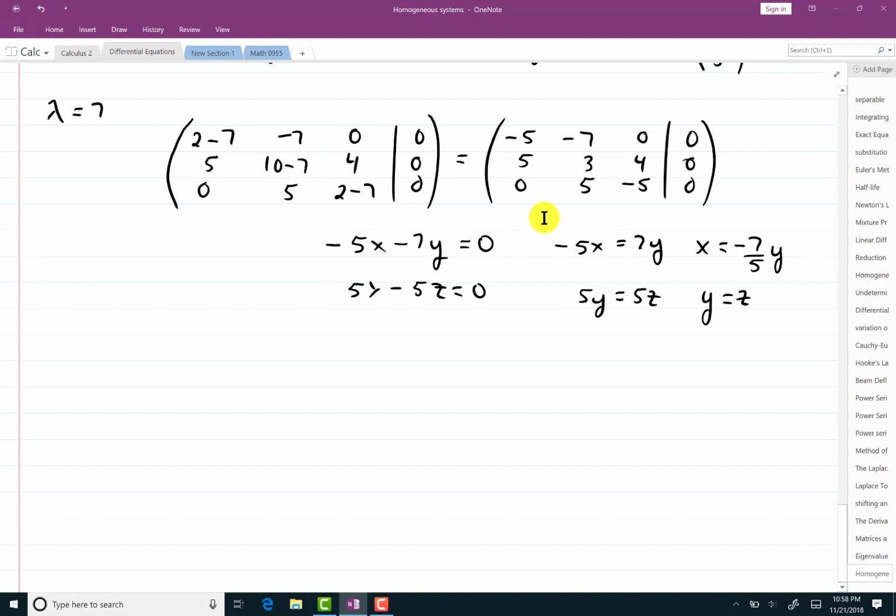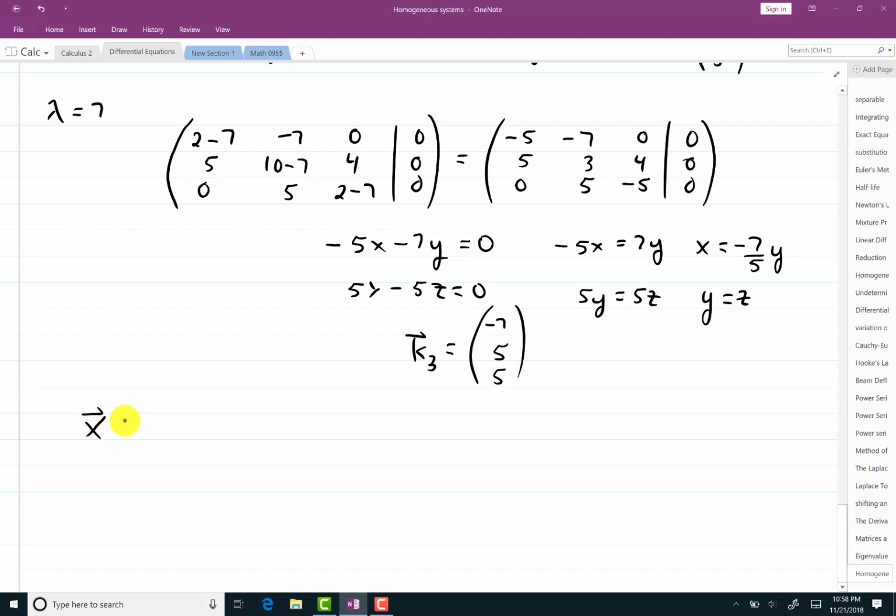So I just need to pick a y that's a good, easy number to use. And I see that y equals 5 might be a good idea. That'll force z to also equal 5, but x will be -7. And so we have our answer.